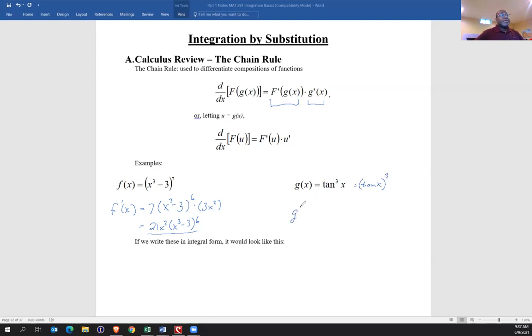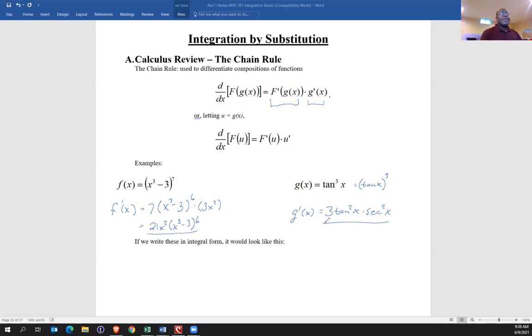So if we differentiate this, g prime of x, we apply the power rule, once again: 3 times tangent squared x, then we multiply that by the derivative of tangent, which is equal to the secant squared of x. All right, so that's the chain rule for differentiation, which hopefully by now you're all familiar with.